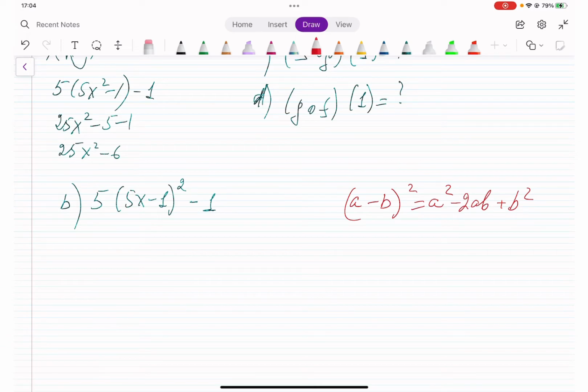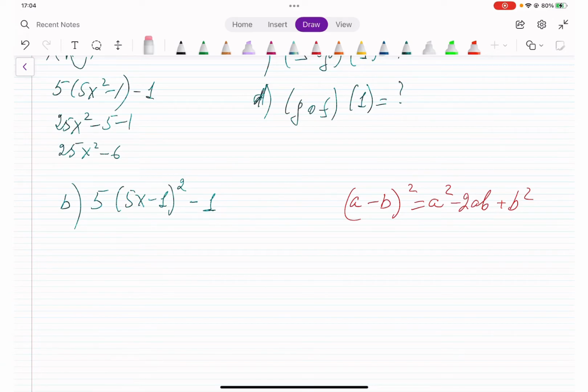If you are having a hard time using this formula, you can just go by a simple way. (5x minus 1) squared is the same thing as 5x minus 1 times 5x minus 1. We just multiply and you will get the same result. The formula I'm using is a shortcut, faster and quicker practically.